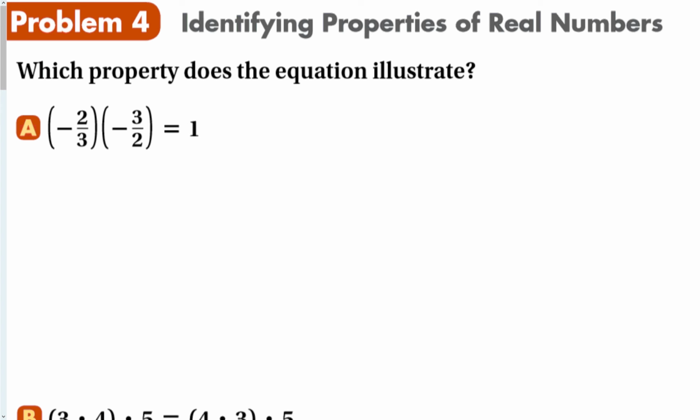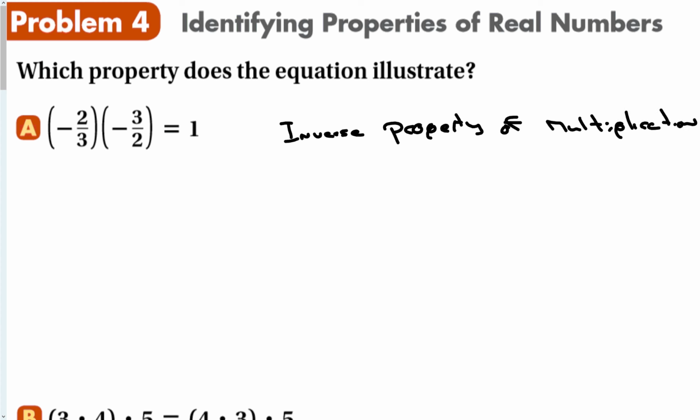They're multiplying together. They're giving me 1. This is an inverse. And because it's multiplication, it's the inverse property of multiplication.